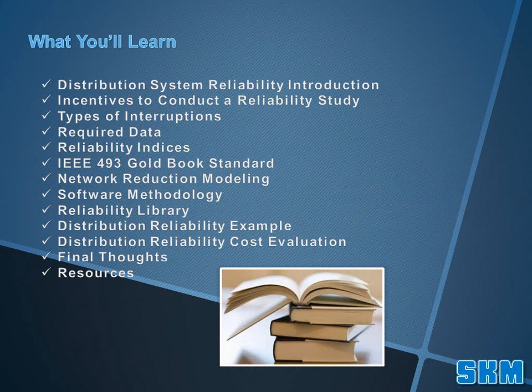In today's session, I'll be discussing distribution system reliability as an introduction, incentives to conduct a reliability study, types of interruptions, required data, reliability indices, IEEE 493, the Gold Book Standard, network reduction modeling, software methodology, reliability library, distribution reliability example, distribution reliability cost evaluation example, final thoughts, and then resources.